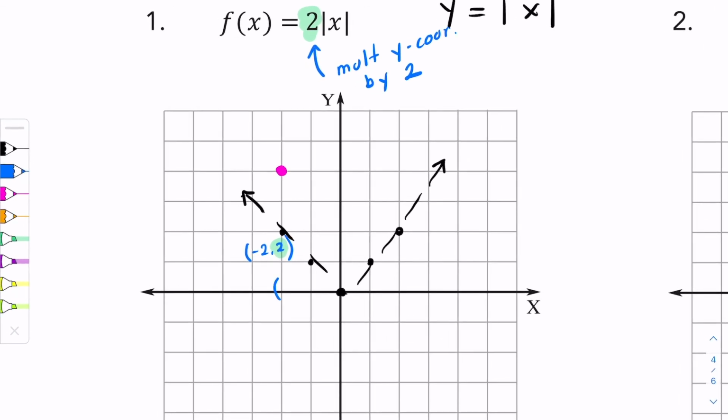This point right here is at (-1, 1). We have to multiply that y value by 2. 1 times 2 is 2. Notice that I am not changing the x value. The x value is remaining the same. So both my original point and my new point are on these purple highlighted lines that I just graphed. So the x coordinate is not changing. It is just the y coordinate.